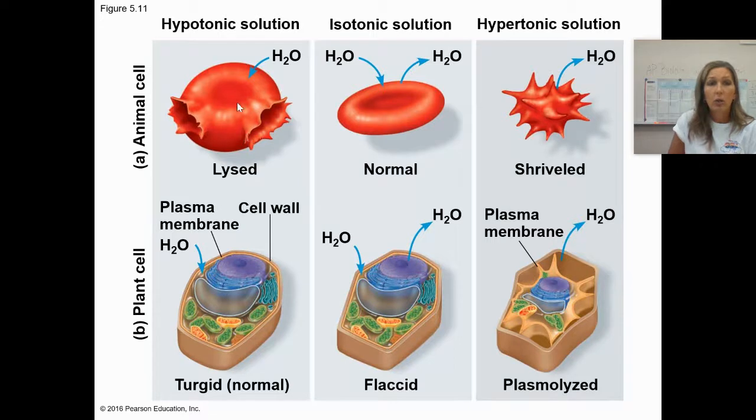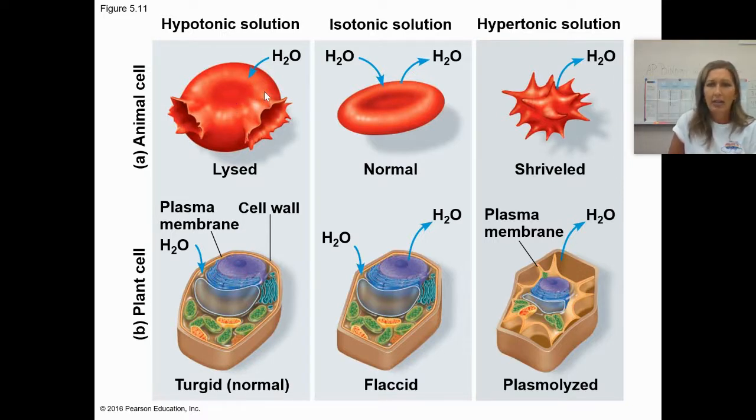Now, if we put animal cells in a hypotonic solution, this would be bad because water is going to flow from hypo into hyper. Well, we don't have cell walls to protect from this rupturing of the plasma membrane. So, like if I decided we're not going to do a blood transfusion, or, oh, you're dehydrated, I know, I'm going to give you an IV of pure water.